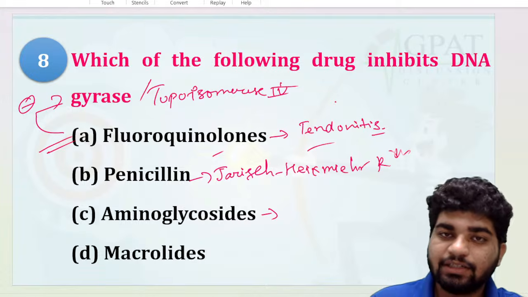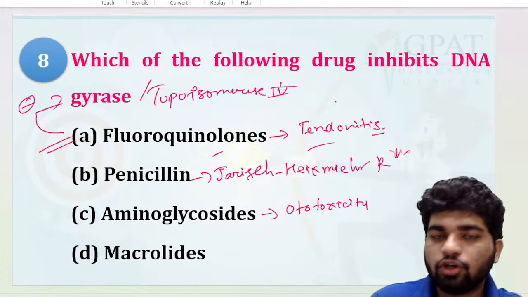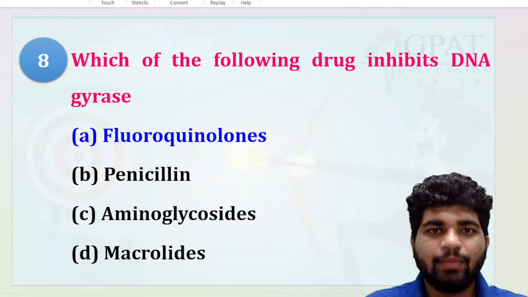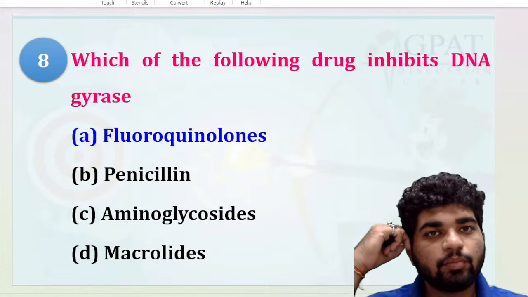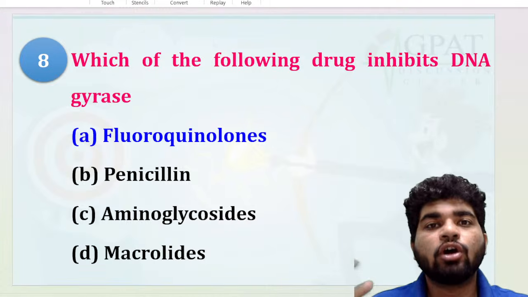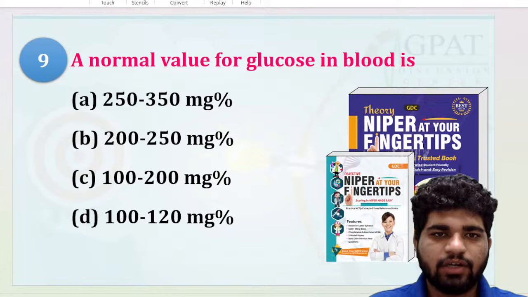Whereas for aminoglycosides, that is ototoxicity maximum, nephrotoxicity, neurotoxicity. Okay, macrolides are your motilin receptor agonists, so GIT motility gets decreased and constipation does occur with macrolides.